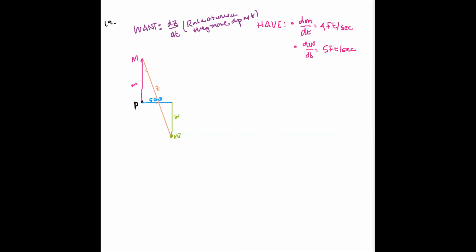I don't know if I'm jumping ahead. I guess we can calculate the value of little w. I don't know if we're at that point yet. Yeah, we could definitely do that.